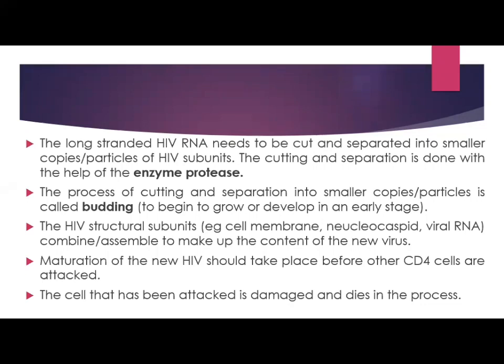So when they assemble, they will form not only one, but plenty of viruses or virions. So maturation of the new HIV should take place before other CD4 cells are attached.